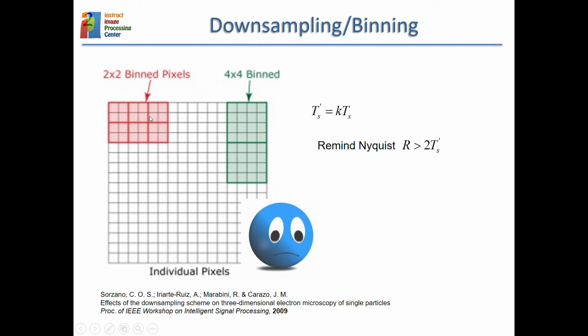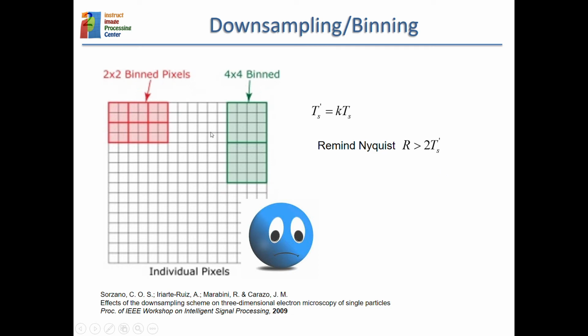So at the end, this is like having a sample here, here, there. So the new sampling rate is k times, in this example k equal 2, or k equal 4 if you make bigger squares. So it is k times the original pixel size. And always remember this Nyquist constraint.